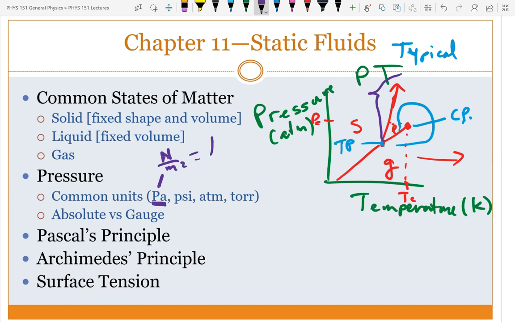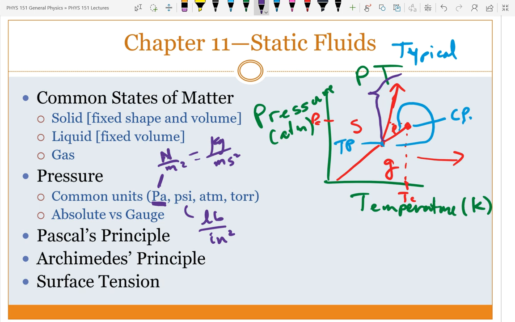So that's equal to a kilogram per meter second squared. Nobody ever writes kilogram per meter second squared, but that's what a Pascal is in base units. How about PSI? That's a pound per square inch. So that would be a libra per inch squared.